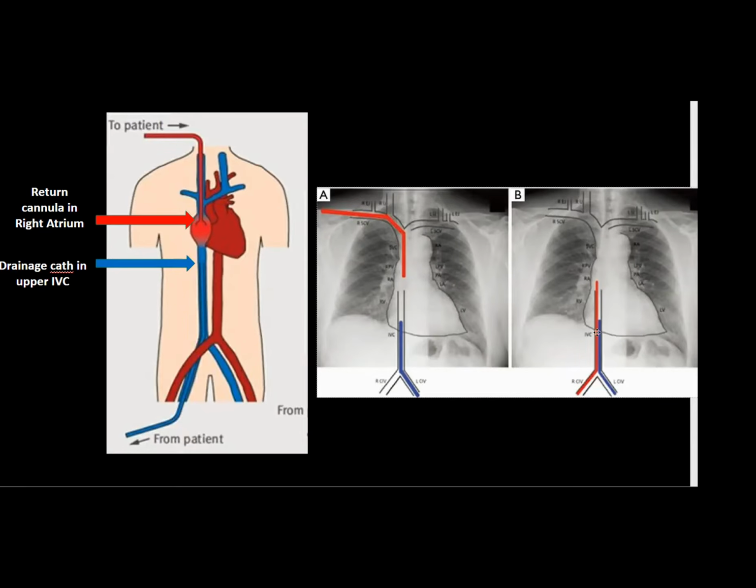And then when you have a dual lumen one, again, this one should be in the IVC, and then the oxygenated blood should be pushed into the SVC.